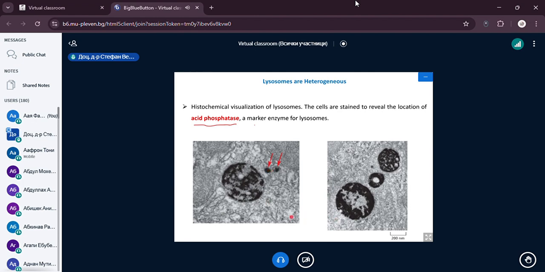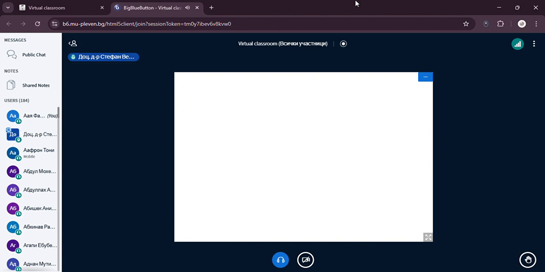And these are two electron micrographs demonstrating lysosomes with different shape and size marked with this histochemical reaction to detect the enzyme acid phosphatase. And you can see again how variable these organelles are, from very small, tiny, these are called primary lysosomes, to large, with different internal composition based on what is being digested, secondary lysosomes.